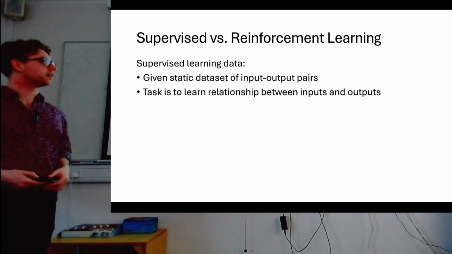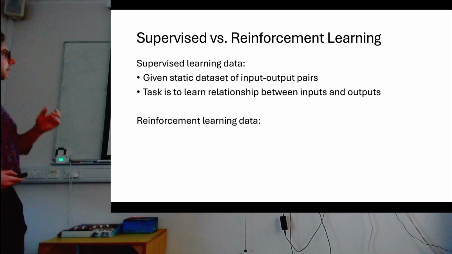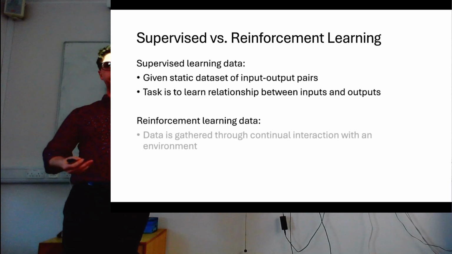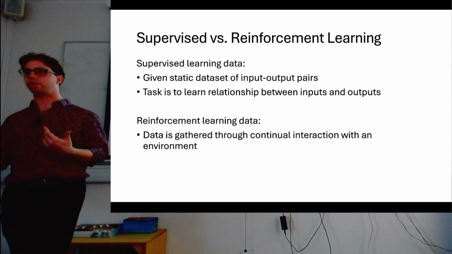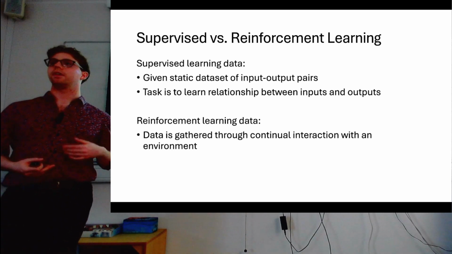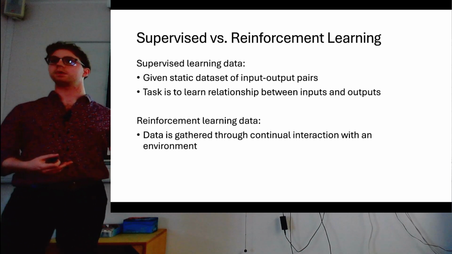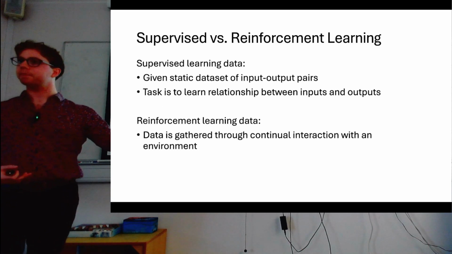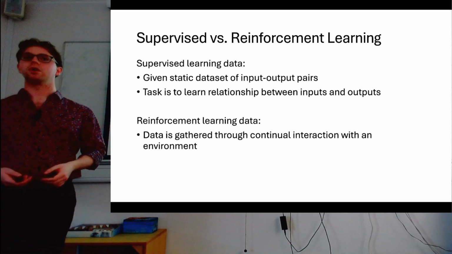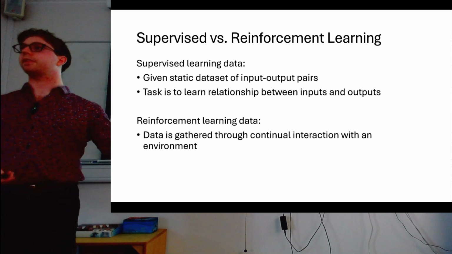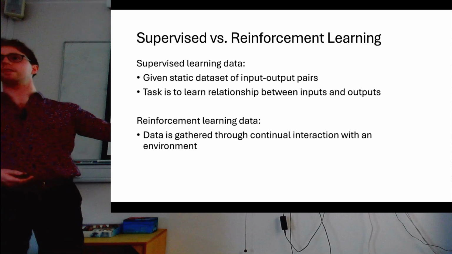So how does data differ in reinforcement learning? In reinforcement learning, data is generated through a continual interaction with an environment. We have a reinforcement learning agent that interacts continuously with some environment, and in that interaction, it elicits data from the environment itself, right? By choosing to take certain actions, the agent learns things about the consequences of those actions in the environment.